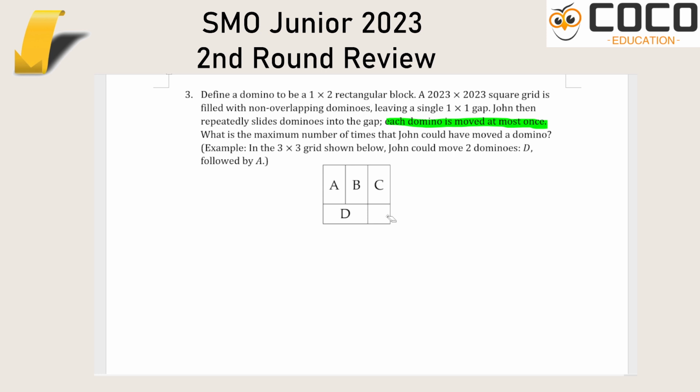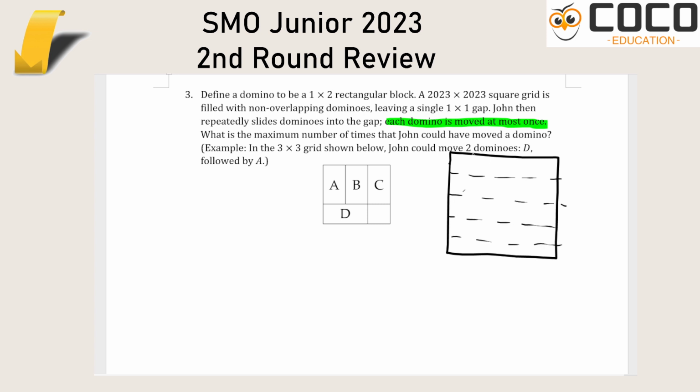Now, 3 by 3 is a bit too small to see anything, so maybe you try a 5 by 5. Now, what I'm thinking about is, where should I put the dominoes so that I can slide many of them?